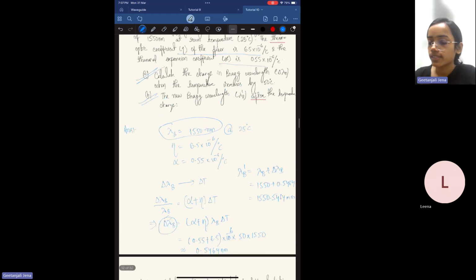Okay, so this is all about the fiber Bragg grating. Do you have any questions? Otherwise, we'll move to the nonlinear effect.